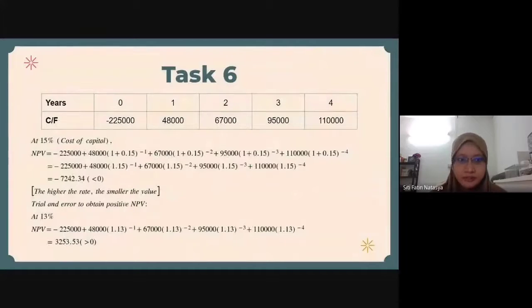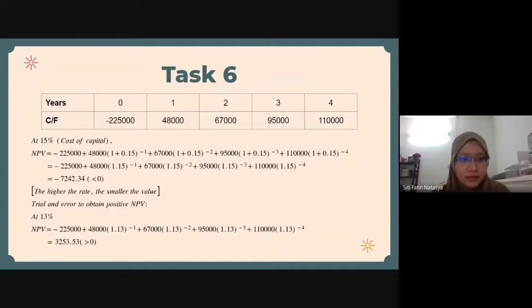So for this question, I'll sort the given cash flows. At year 0, the cost of investment we put as negative, which is negative 225,000, and the following years are 48,000 for year 1, 67,000 for year 2, 95,000 for year 3, and 110,000 for year 4.